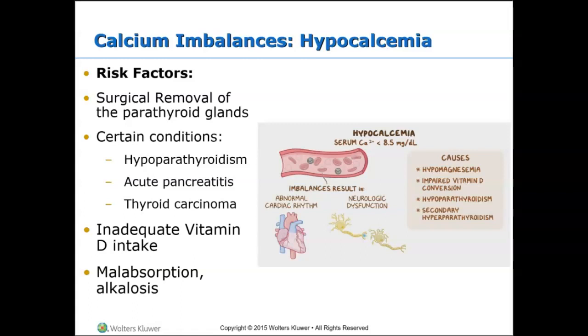If you have problems with your parathyroid, hypoparathyroidism, and ironically, hyperparathyroidism. You'll see that with some of the electrolytes like potassium, right? When you're low potassium, you get dysrhythmias, and when you're high potassium, you get dysrhythmias as well.